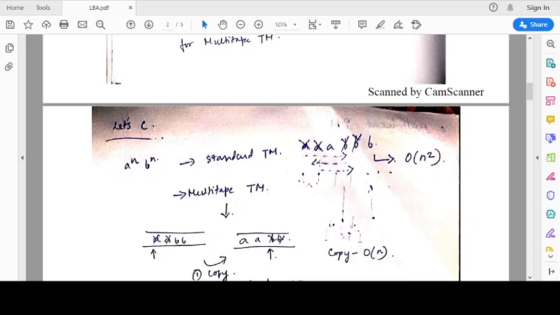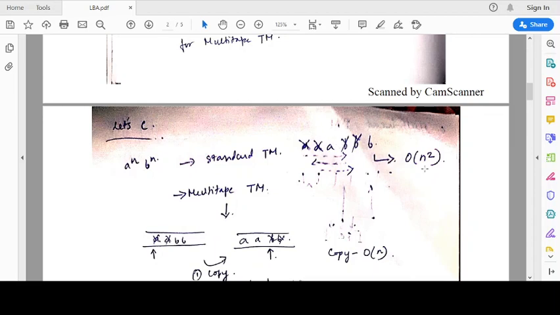So for a single a and a single b, we have to traverse all these symbols. That is, if n is the number of symbols, we have to traverse all these n symbols for a single a, single b. And again, for exhausting all these symbols, we have to do it n number of times.